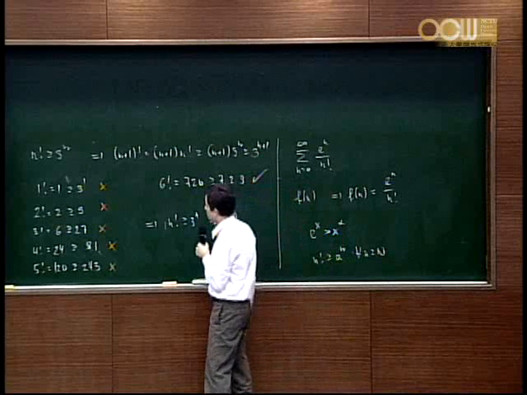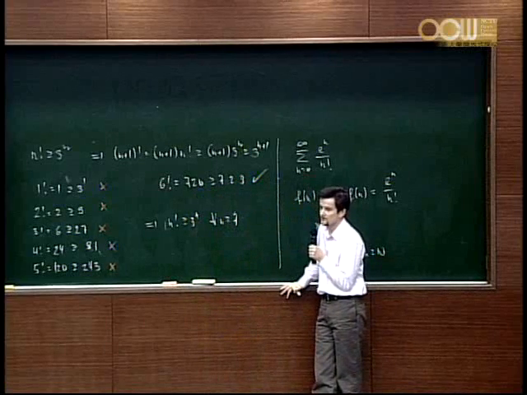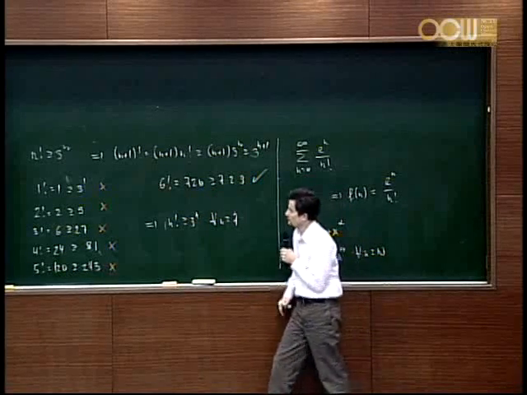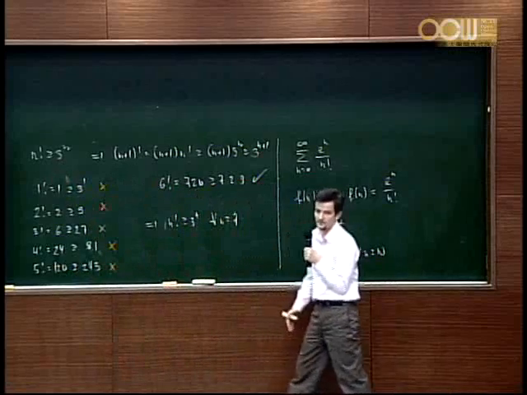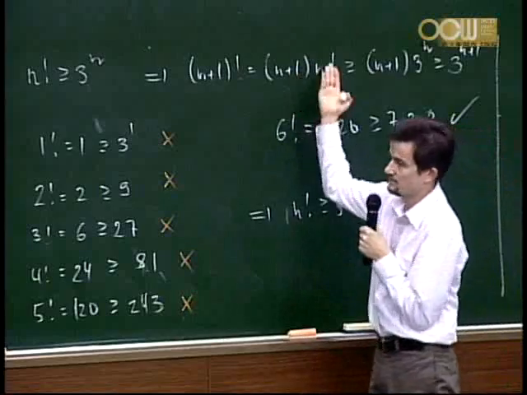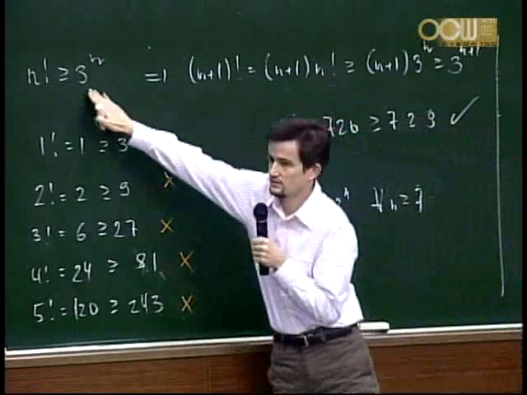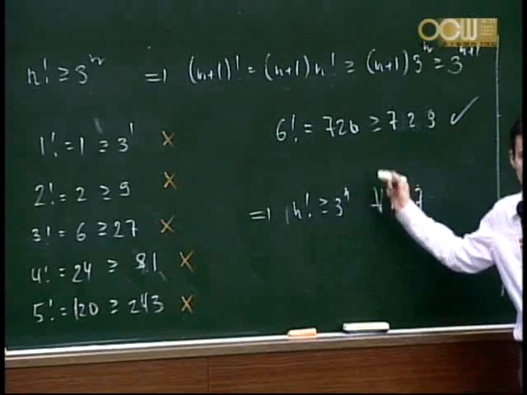Okay, but what is essential about this is that you will be able to use the same method to prove it if you replace 3 here by something different, 4, 5, 6, 7. You will be able to do the same because you see easily that the induction step will go through no matter what you have here, if n is large enough, and then you just have to check till you find the first one.